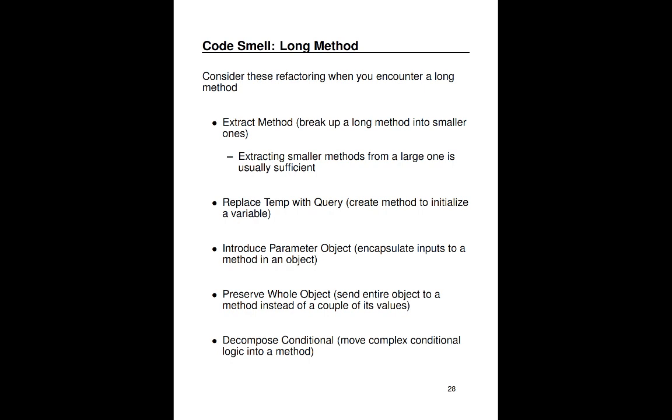Similarly, preserve whole object refactors code to send an entire object that has several values that the method being called needs, instead of sending in those values individually. And finally, the decompose conditional refactoring moves complex conditional logic into a method. So let's take a look at these refactorings.